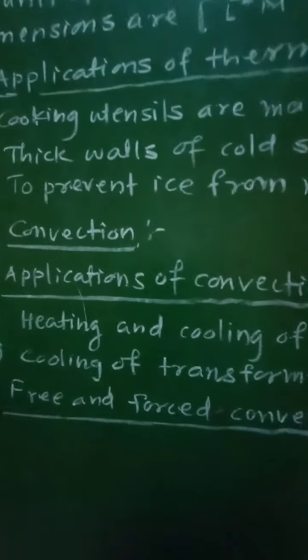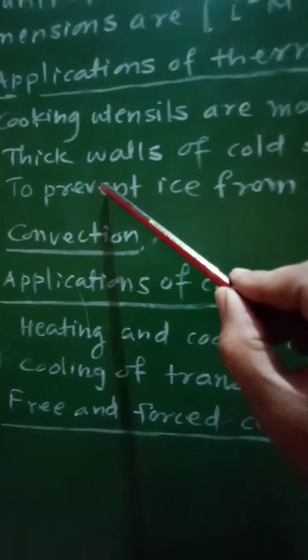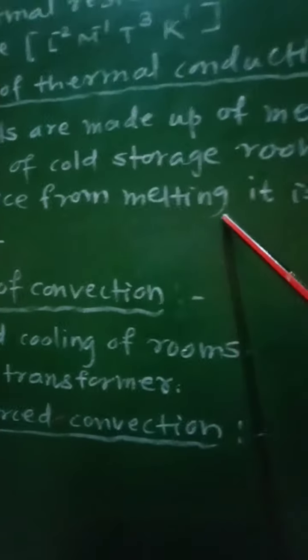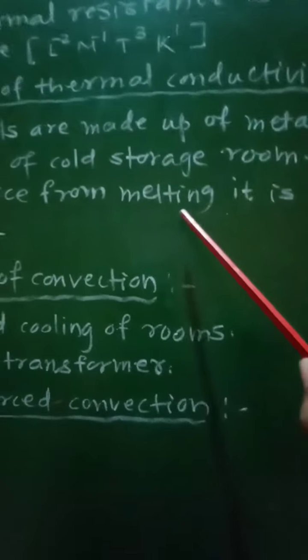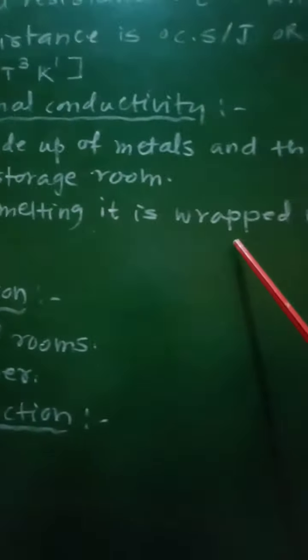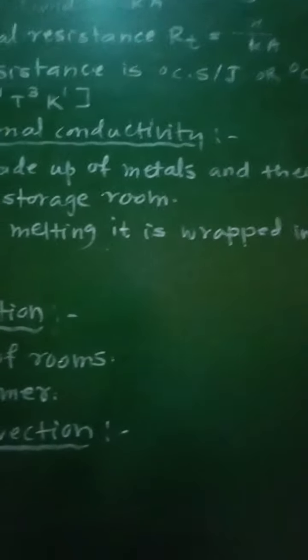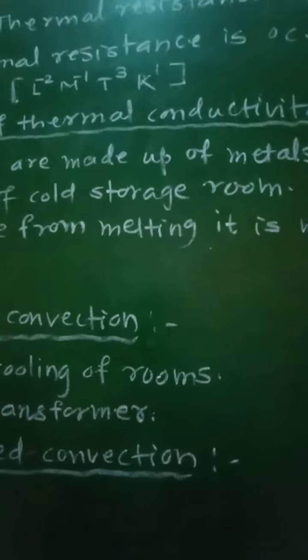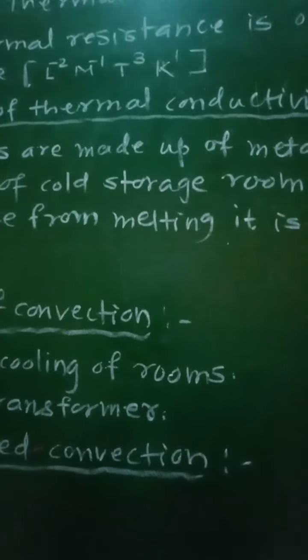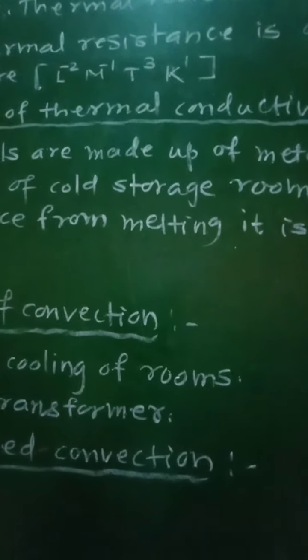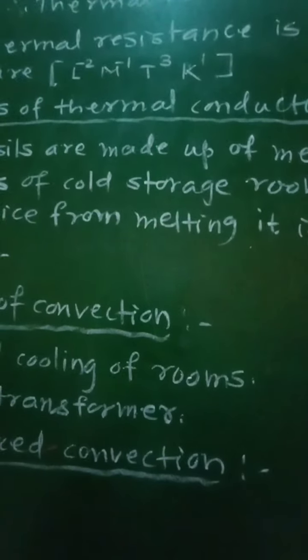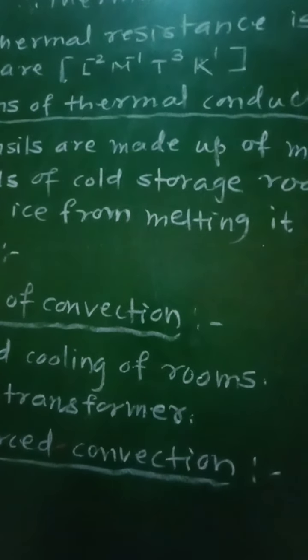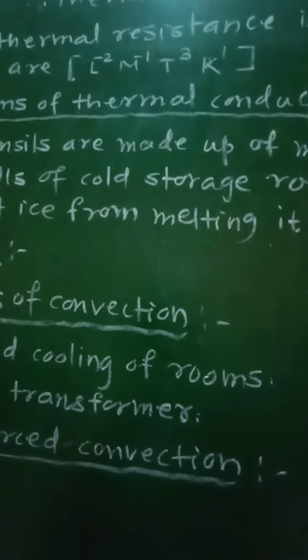So let us see now the third application, that is to prevent ice from melting. To prevent ice from melting, it is wrapped in a gunny bag. So the large pieces of ice will be prevented from melting when wrapped in a gunny bag, and therefore to prevent ice from melting, it is always wrapped in a gunny bag.